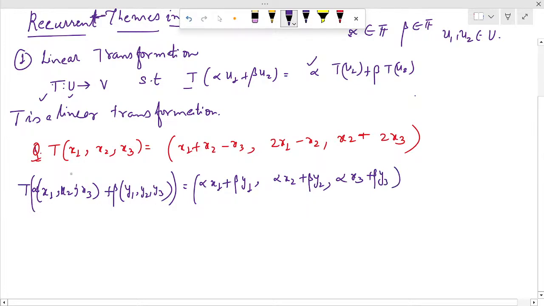Let's say x and y are in R cube, defined as x1, x2, x3 and y1, y2, y3.